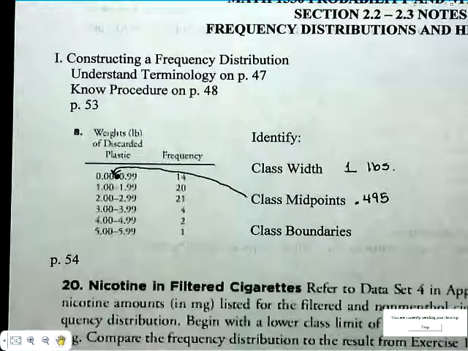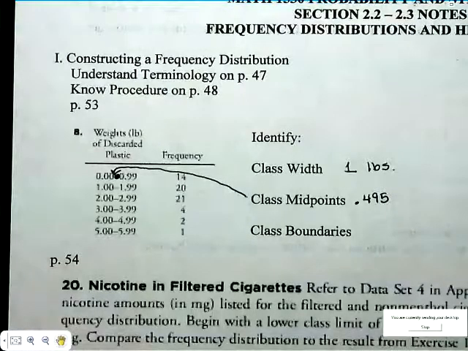I need to just slow down and breathe. The class width is 1, so just add 1 to get the next midpoint. The second midpoint would be 1.495. The third midpoint would be 2.495. Go ahead and list all 6.